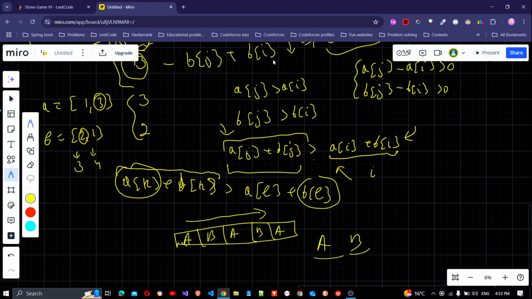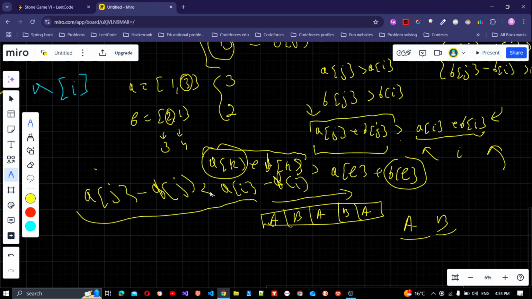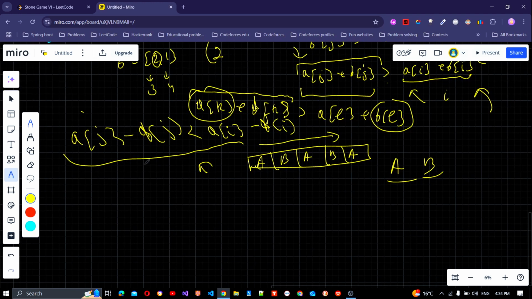You might have conjectured this at first while looking at the problem. You can say, okay, there has to be some greedy idea. I first actually tried a_j minus a_i, so sorry, b_j is smaller than a_i minus b_i. I tried something like that. I said, if that is the case, I'm going to sort according to this rule, and then I saw that this is wrong, so you can just prove this.